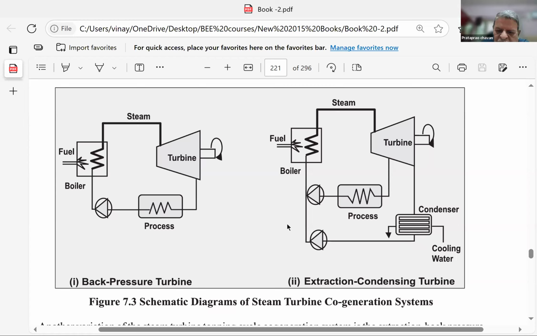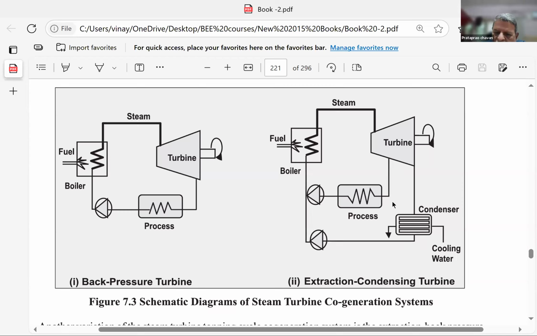So this is back pressure. This is a condensing turbine. When the turbine exhaust goes to a condenser, it is called a condensing turbine. This is non-condensing or back pressure. Now, this is extraction condensing because part of the steam is extracted. So it is an extraction turbine and also a condensing one.